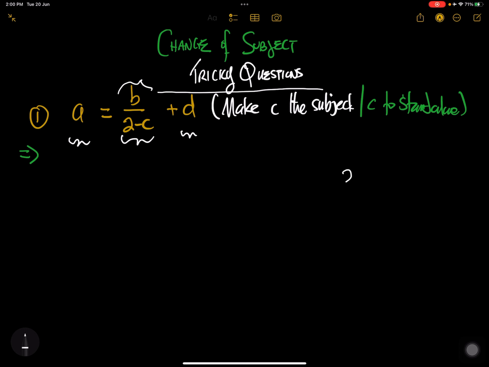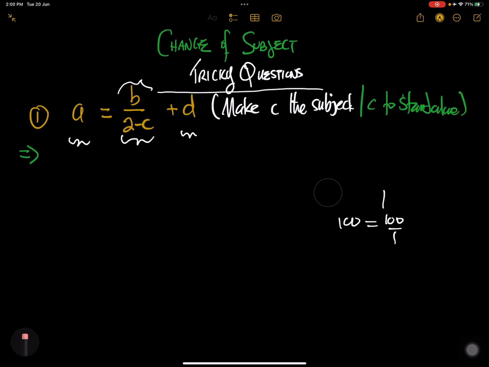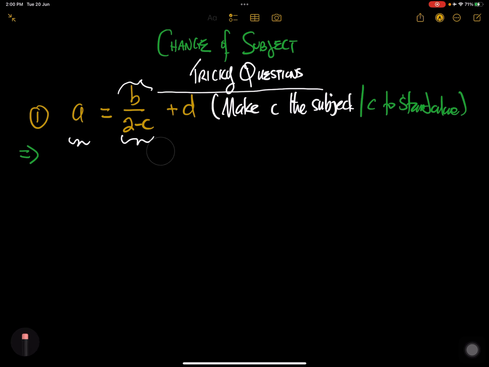Remember, we said that if you have 2, we write 2 as a fraction, the same as 2 divided by 1. If we want to write 100 as a fraction, it is 100 divided by 1. So we're going to do the same thing for A. To write A as a fraction, that is simply A divided by 1, or A over 1.